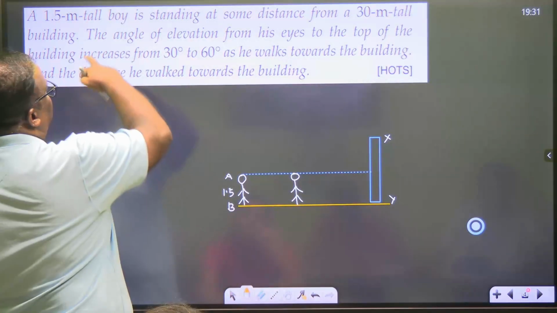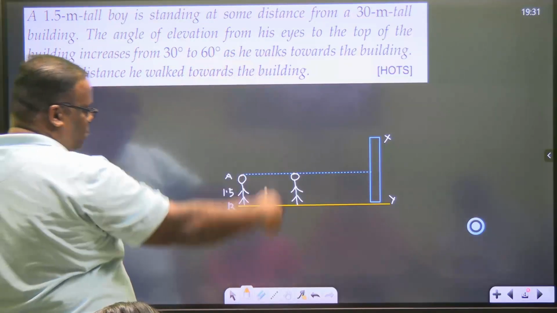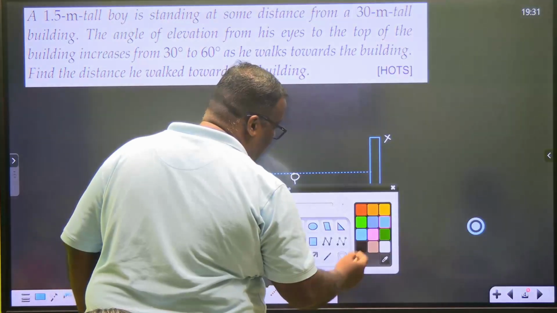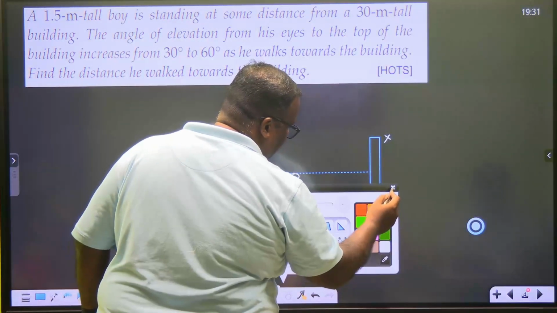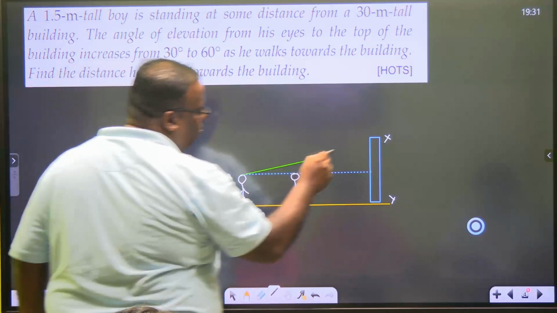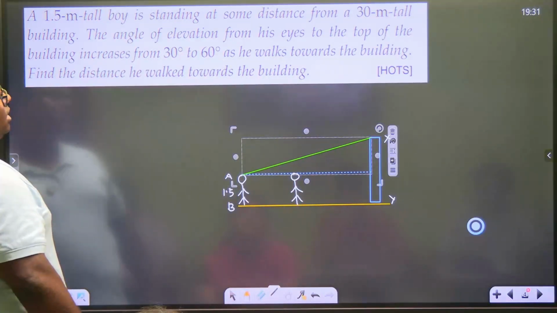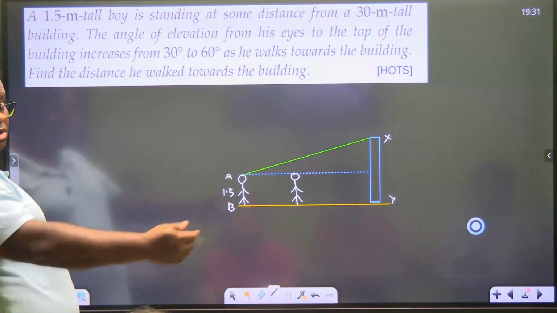Okay, fine. Now what is to say? The angle of elevation from his eyes to the top of the building. Now the angle of elevation is from his eyes to the top of the building. Bhai sahab, from his eyes. So from his eyes to the top of the building, right? Increases from 30 degree to 60 degree.